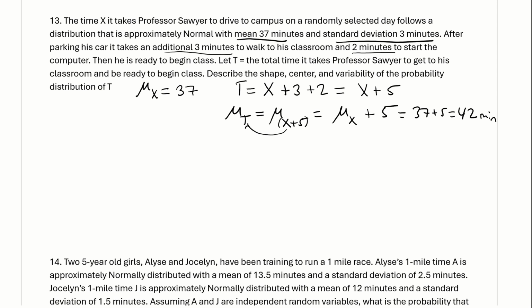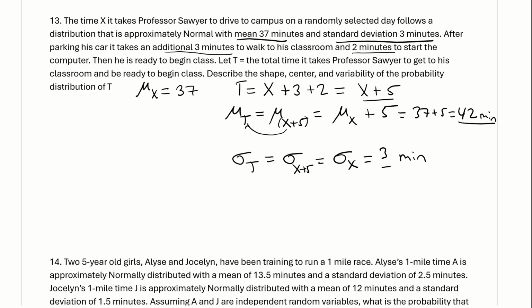All right, so there's that one. And if this is the random variable, then we're not doing anything to the standard deviation, because we're just adding 5, which doesn't affect the standard deviation. So the standard deviation of that random variable is just sigma x. The plus 5 doesn't do anything. Did they give us that? Yeah, they said the standard deviation is 3 minutes.